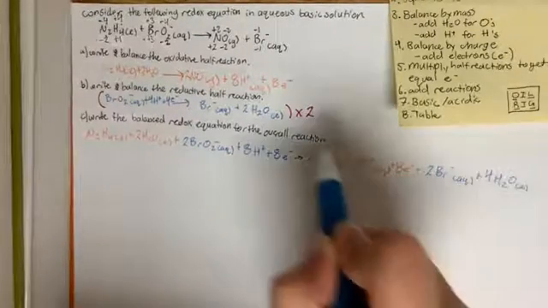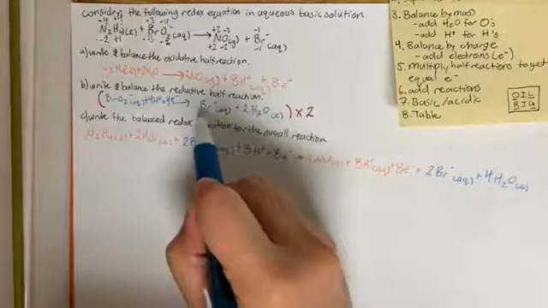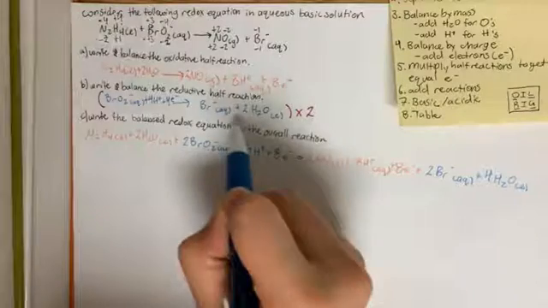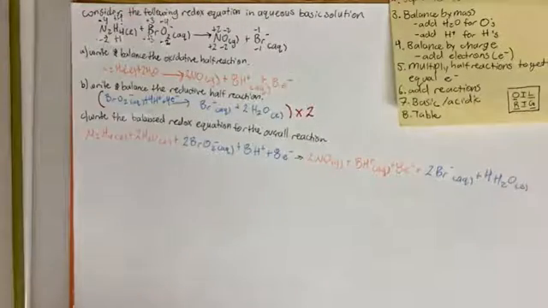Remember that the 2 and 4 are multiplying the Br minus and the waters by a coefficient of 2. Great.